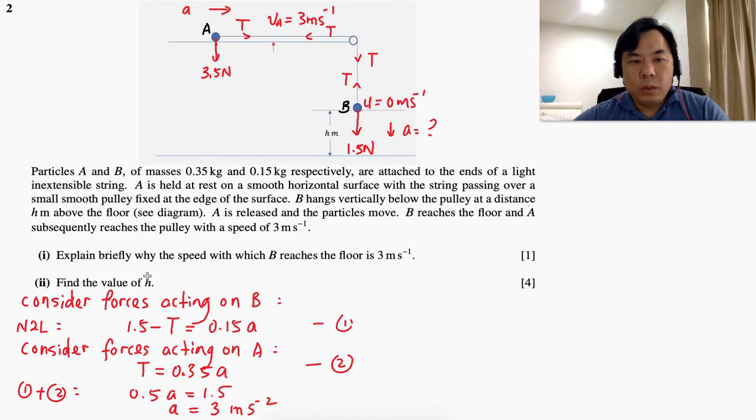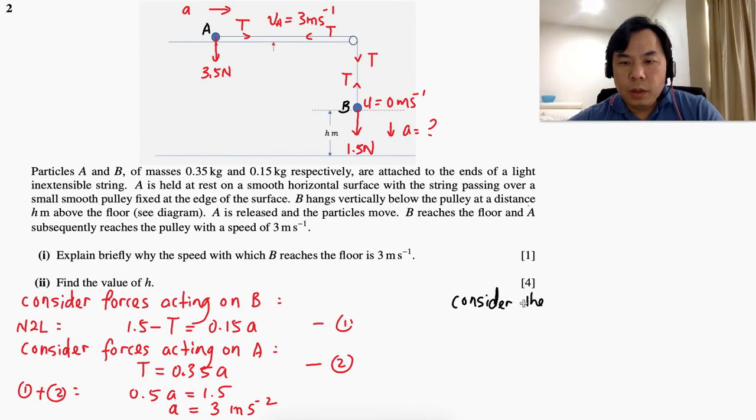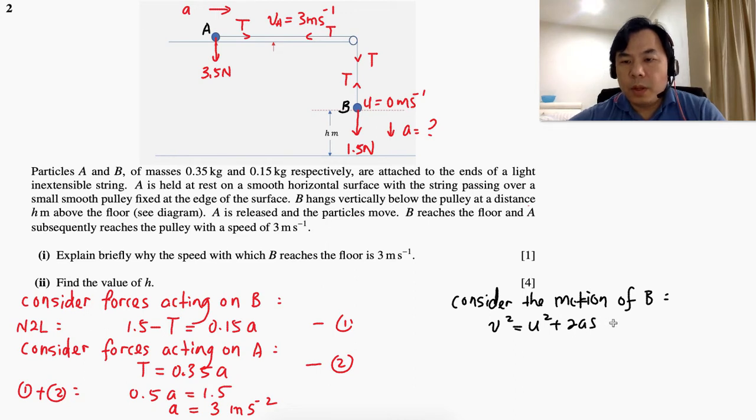Next, in order to find the height itself, we're going to use the SUVAT equation, considering the motion of B. We are only interested in the motion of B. Using one of the SUVAT equations, v squared equals u squared plus 2as, where s represents the height in this case.